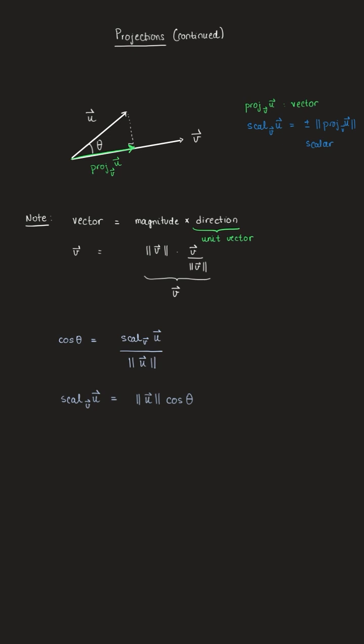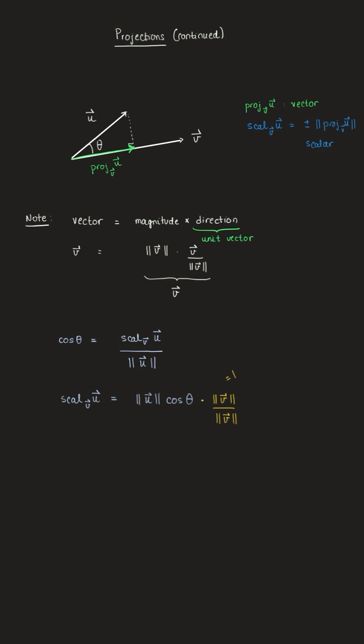I'm going to work a little bit algebraically on this expression, and something that I'm going to do right now might seem mysterious, but I'll explain why. I'm going to multiply this expression by the magnitude of vector v divided by itself. Notice that if I multiply by anything that's divided by itself, this is just the number 1, so I haven't changed the expression.